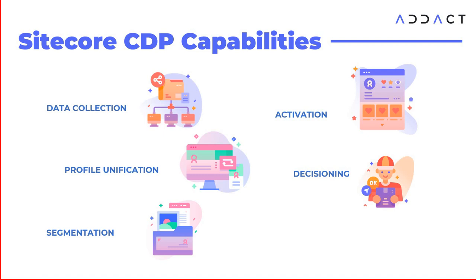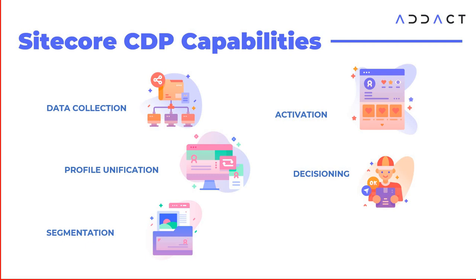For example, if a customer comes to your website and looks for a product, decisioning in the CDP automatically identifies whether that particular customer is new or has already visited our website. Based on that, the CDP takes a decision and gives a suggestion.